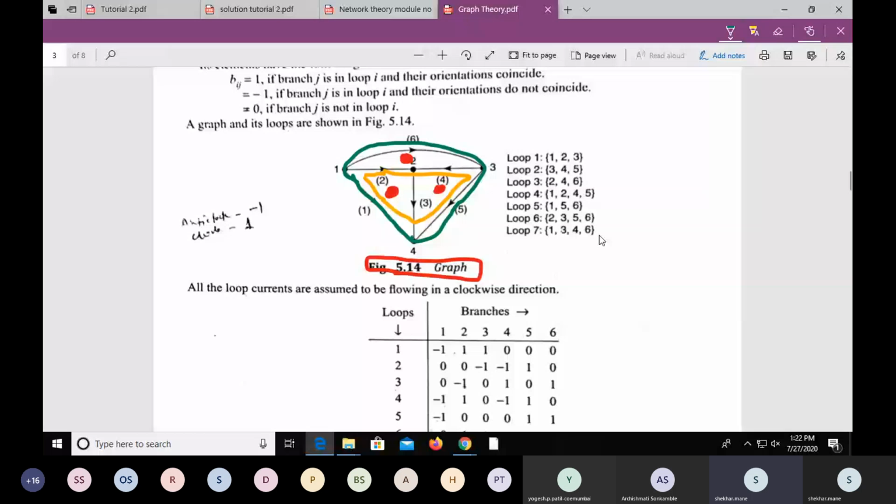I have already told you the concept of loop. A loop can be divided into further loops, but a mesh cannot be divided. So this 1, 5 and 6 is loop number 5. Now loop number 6 is 2, 3, 5, 6.